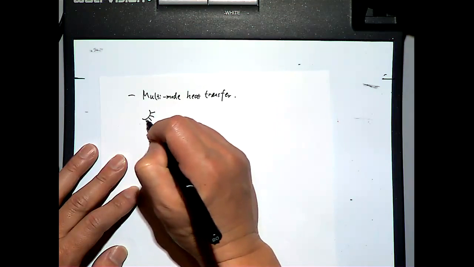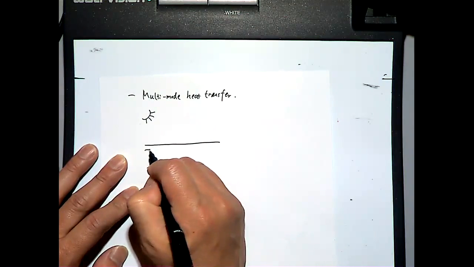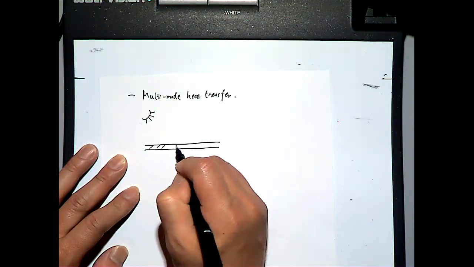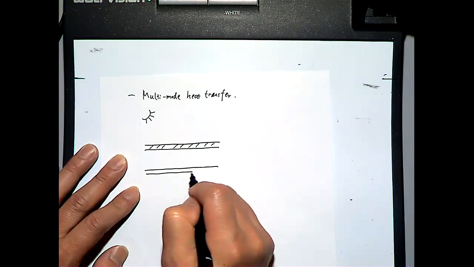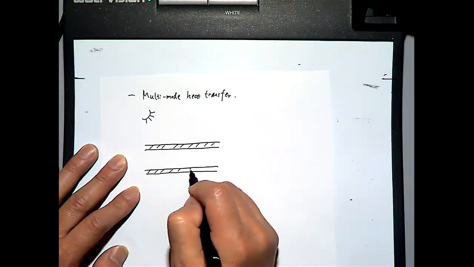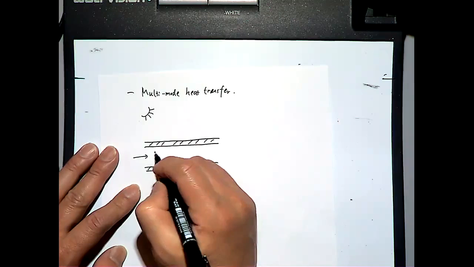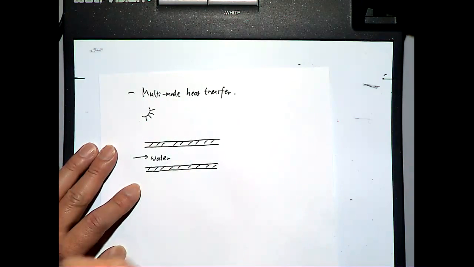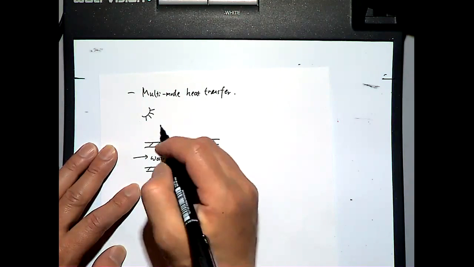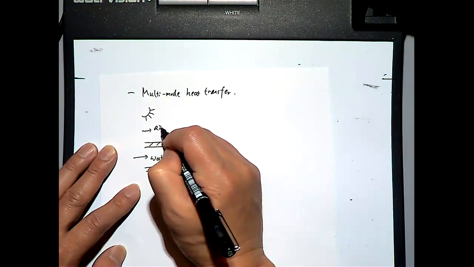So if you have the sun there, and you have a tube, which has one side of the wall and the other side of the wall, right? And you have water flowing to be heated. And outside is not necessarily static, so you will have air which is also flowing outside.